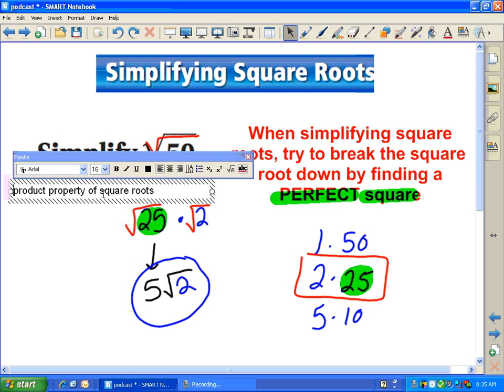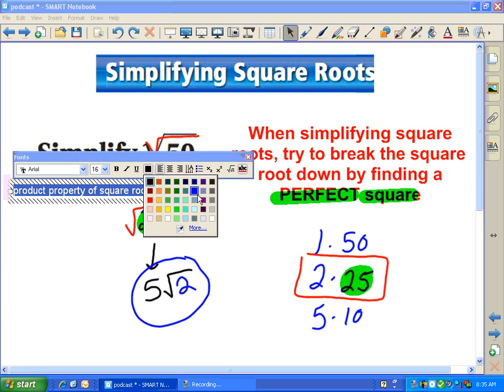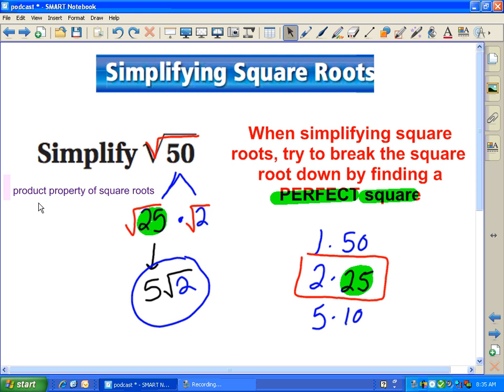This is called the product property of square roots. And remember, we said earlier that the word product means multiplication. So if you want to earn 10 in Mr. Phillips' class, anytime we use this, remember the product property of square roots. Product means multiplication.